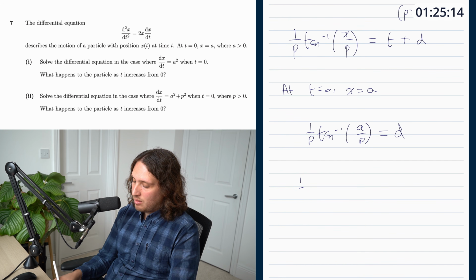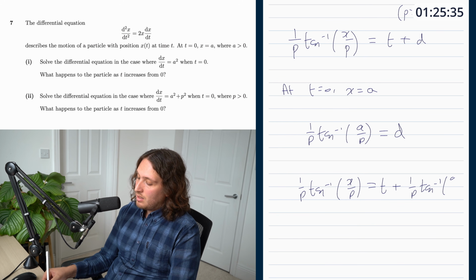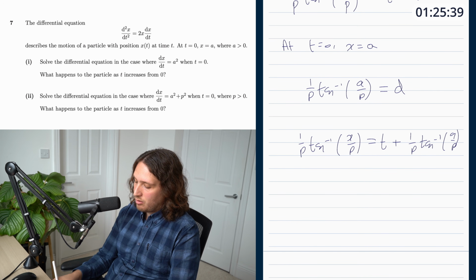So that means that 1 over p arctan x over p is this. So I get my 1 over p there. Now I multiply through by p.